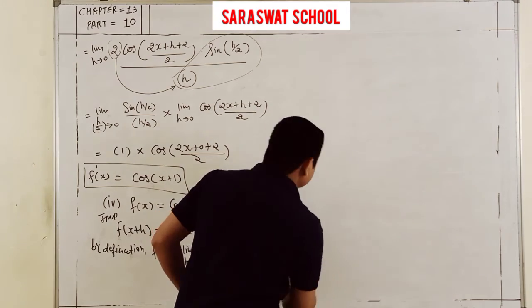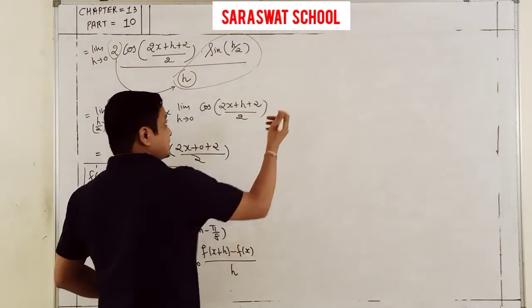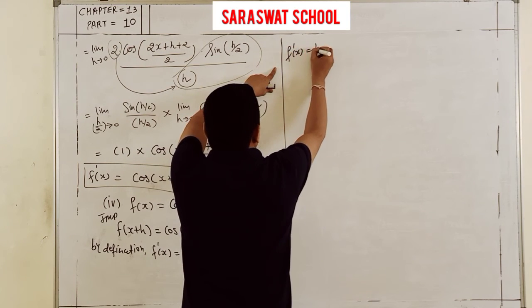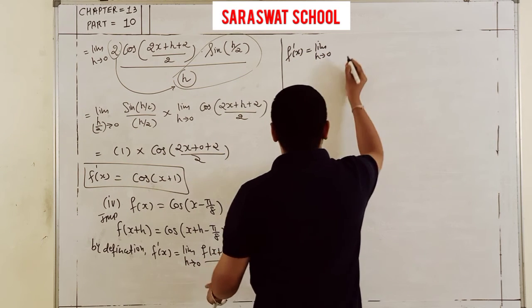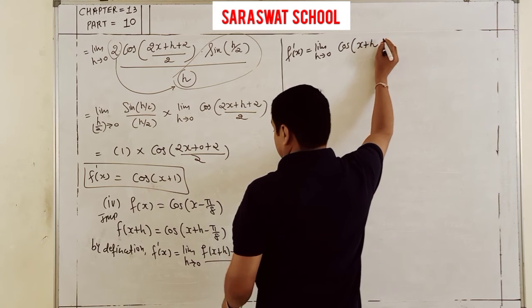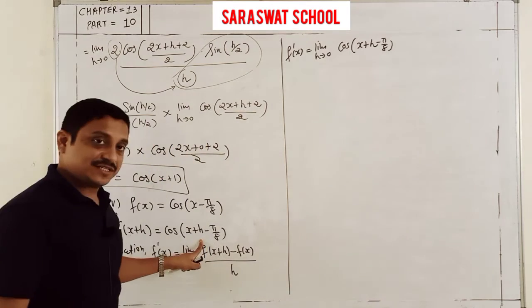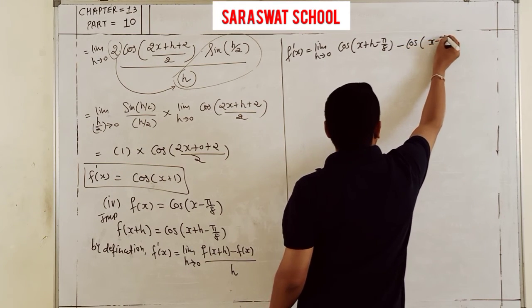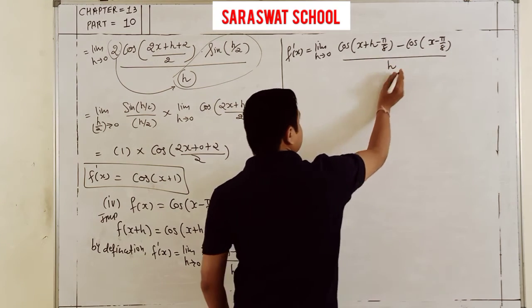So you will get the answer easily. So f dash x as it is, limit h tends to 0. Here f of x plus h is cos of x plus h minus pi by 8, minus cos of x minus pi by 8, and upon h as it is.